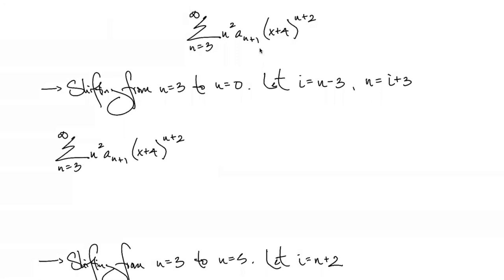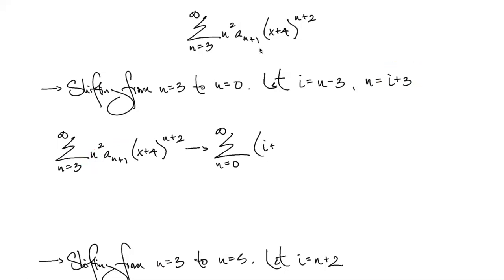All right. So in particular, we might notice that if I have n minus 3 down here, this is going to be n equals 0, because I'm subtracting 3 from there. And then everywhere I see an n, I'm going to put i plus 3.